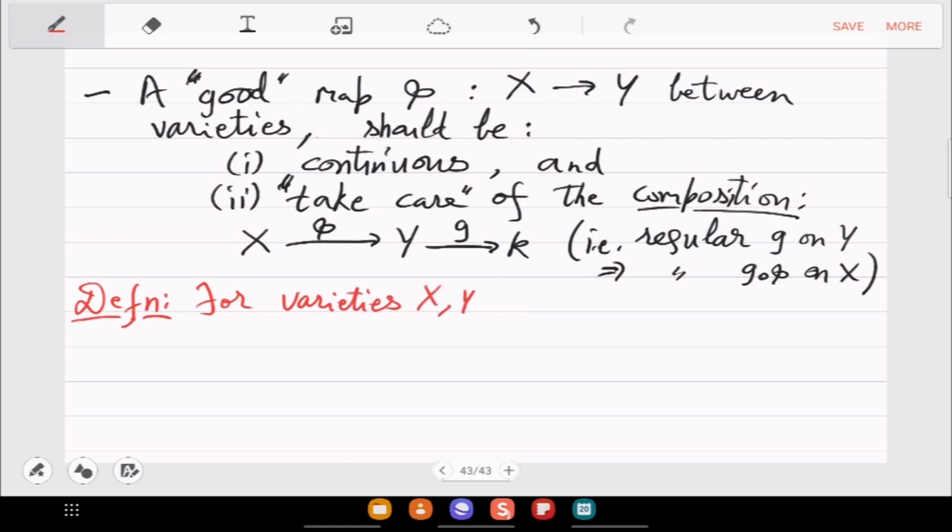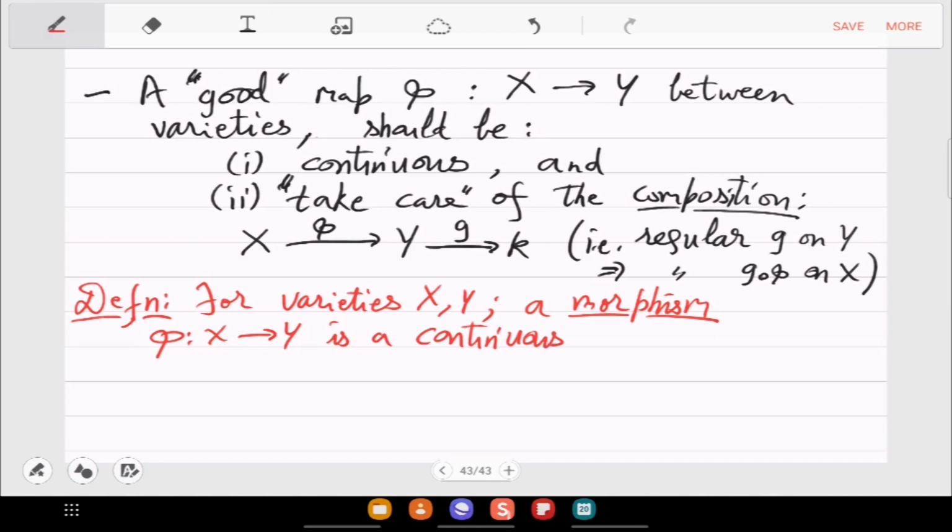So for varieties x, y, a morphism phi from x to y is a continuous map, which is always in Zariski topology, right? Now we don't know any other topology in this course. Is a continuous map satisfying the following conditions.